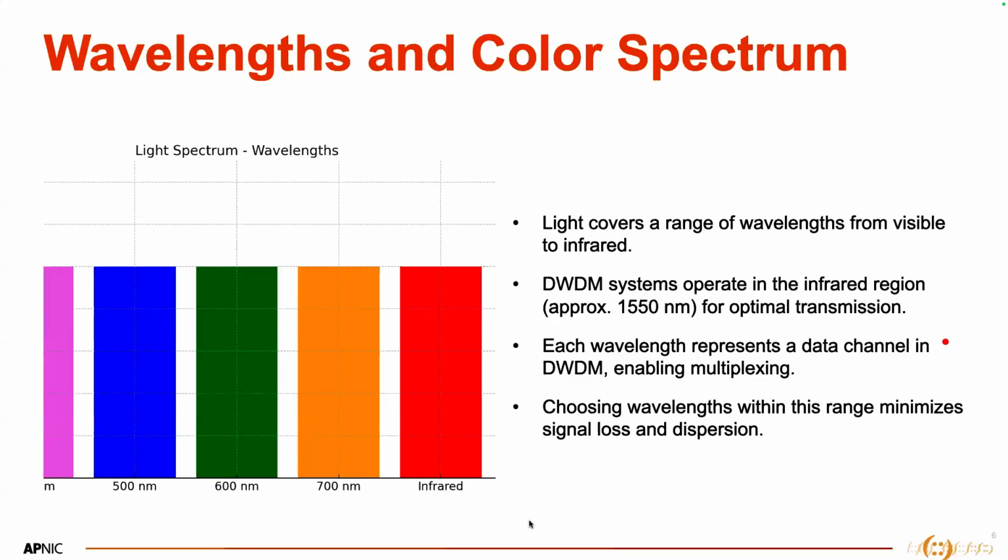And there are two extreme points: one extreme point is ultraviolet ray, and another extreme point is infrared ray. So whenever we talk about optical communication in DWDM, we are basically talking about the infrared zone. So DWDM basically works in the infrared zone, right? Not in the visible light zone, okay?